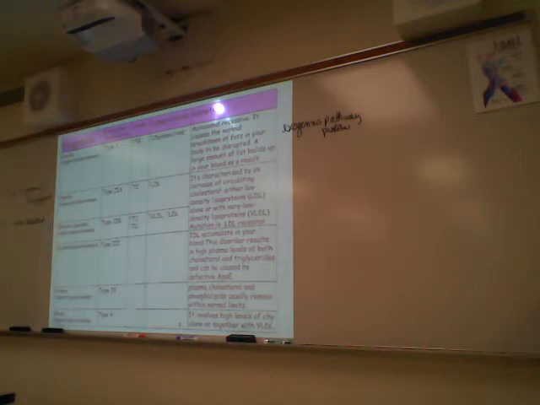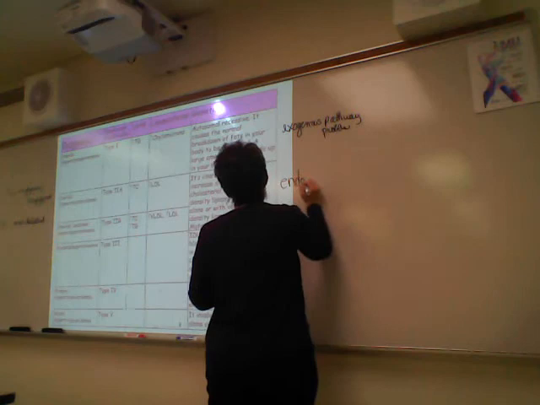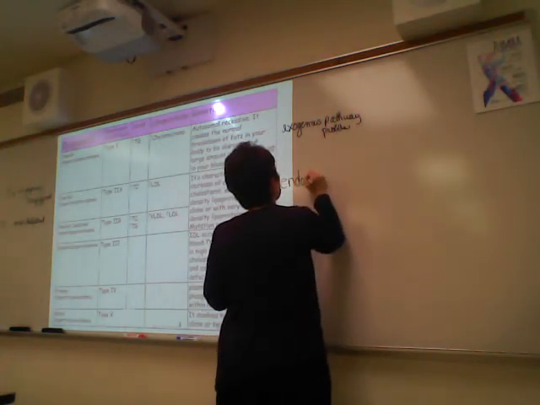So the type 3 is going to involve IDL. Defective ApoE is going to cause IDL. We should be able to look back at that circulating pathway we did before and see the conversion from IDLs to LDLs.